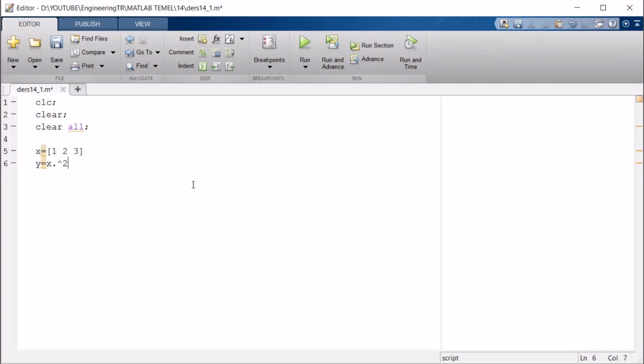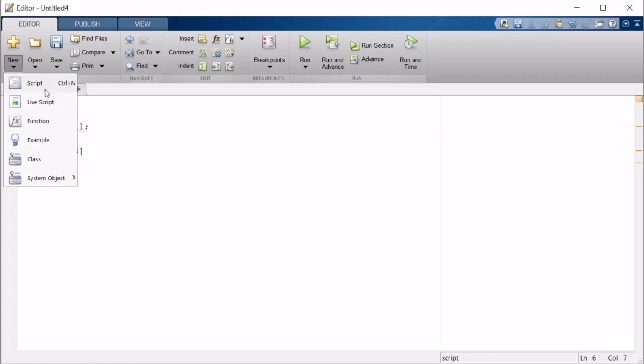Let's do another example, guys. For example, let's say you were asked to draw a graph again. Let's draw the parabola y equals x squared. Let's take a look at how we draw it. First of all, I write my classic comments quickly.